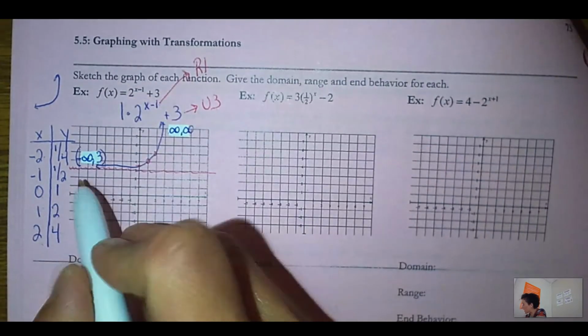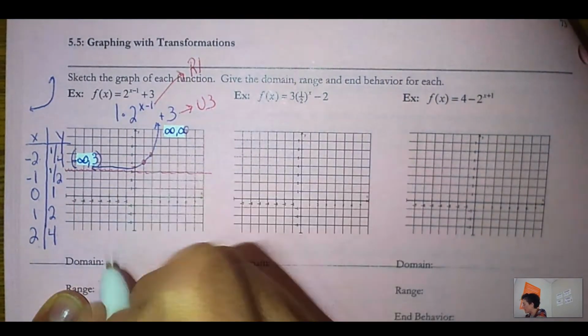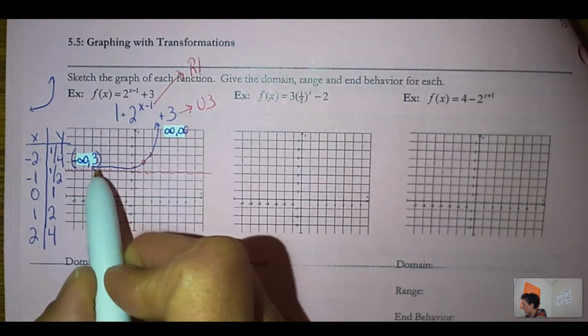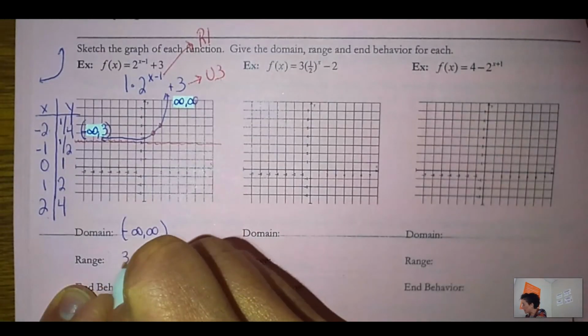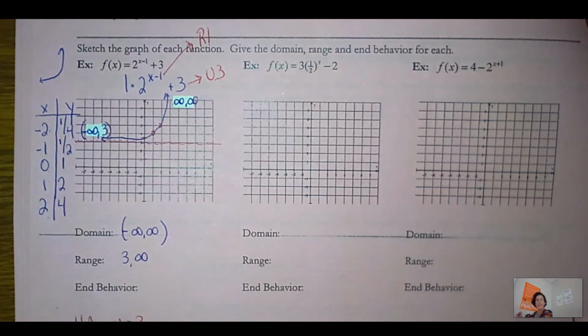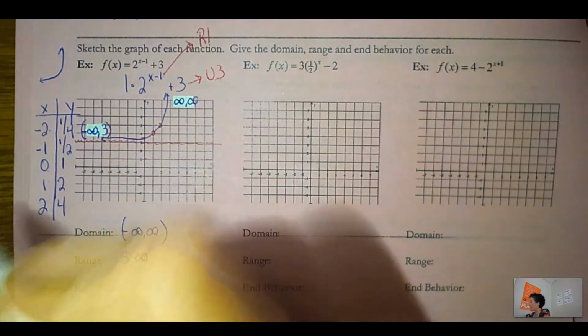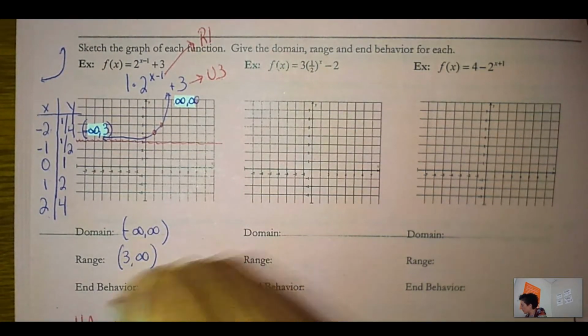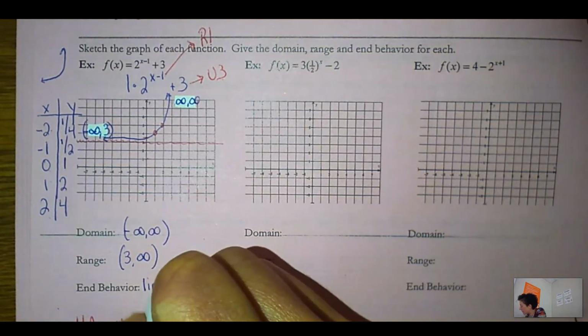So when I do domain and range, it's -infinity to infinity, or you could write all real numbers. And then my range goes from 3 to infinity, but since I don't want to include 3 because it can't touch the wall and it can't cross the wall, I'll put parentheses.